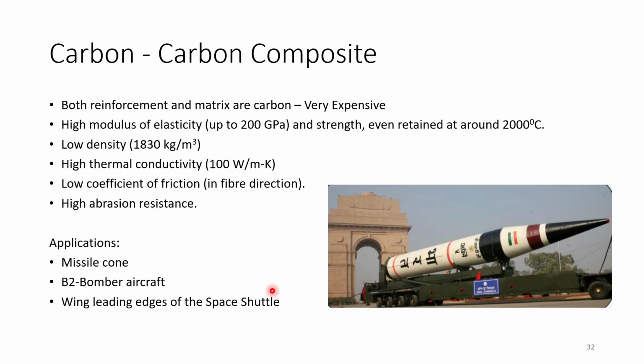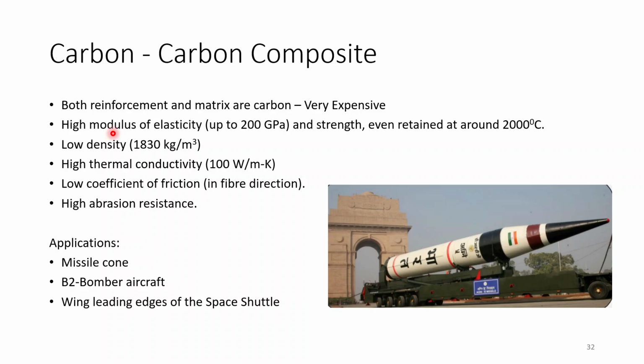Next up we have carbon-carbon composite. In this case, both reinforcement and matrix are made of carbon, and these are expensive. These have a high modulus of elasticity up to 200 GPa, and strength is retained even at around 2000 degrees Celsius.